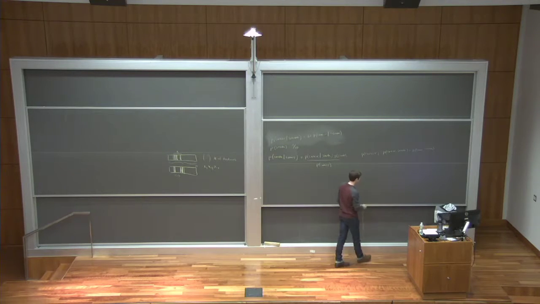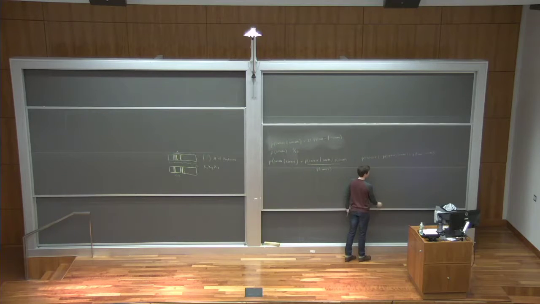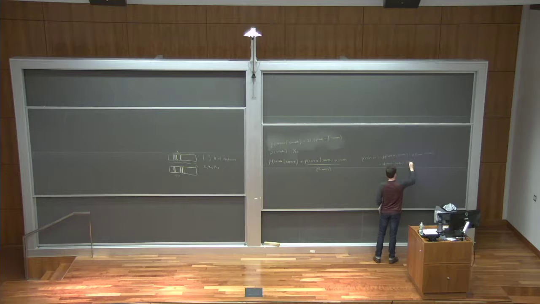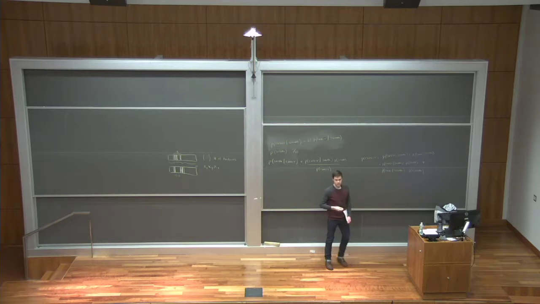Now we can use the conditional probability rules to simplify these two things into a form we know how to deal with. So we have the probability of cancer given that you smoke times the probability of smoke, plus the probability of cancer given not smoke times the probability of not smoke. Is everybody following so far?